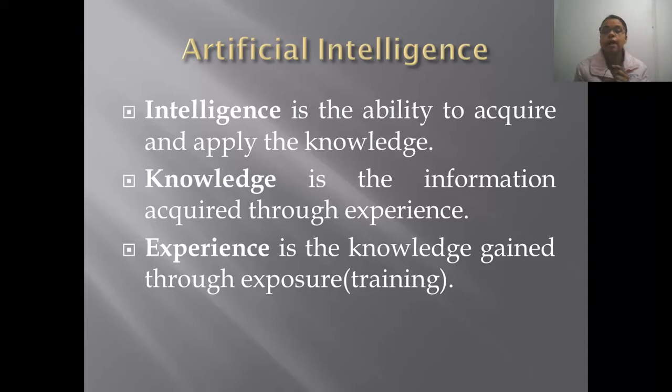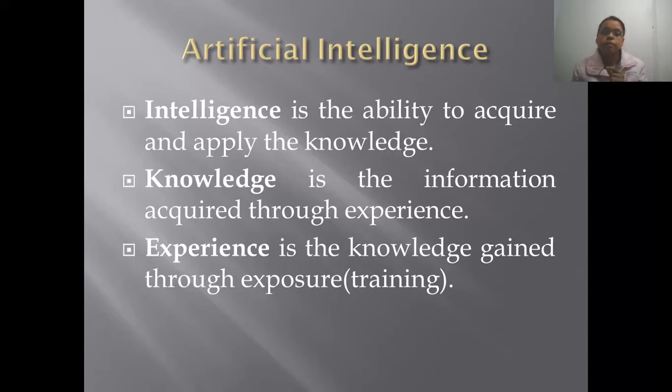As I told you, information and knowledge are both very important for artificial intelligence to resolve issues and solve problems. Knowledge is the information acquired through experiences. And what is experience? Experience is the knowledge gained through exposure. You can say it is a kind of training.